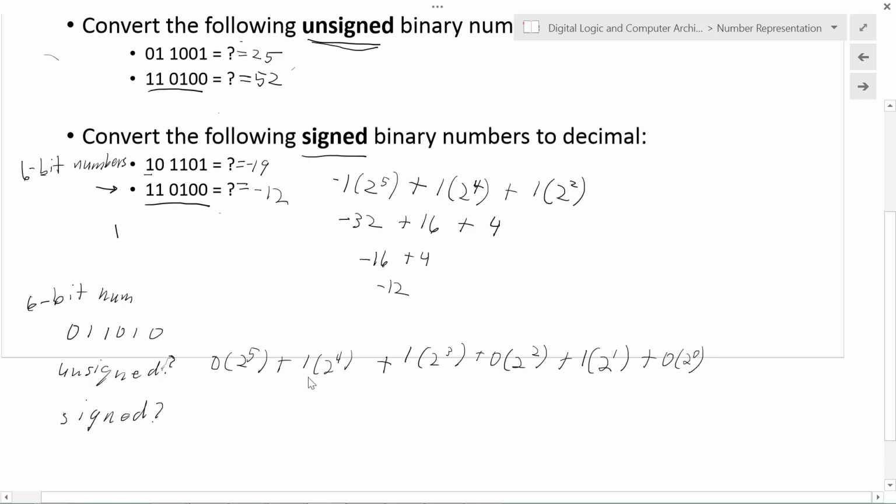So what does this give us? 16 plus 8 plus 2 equals 26.